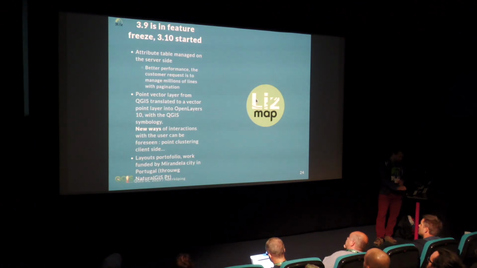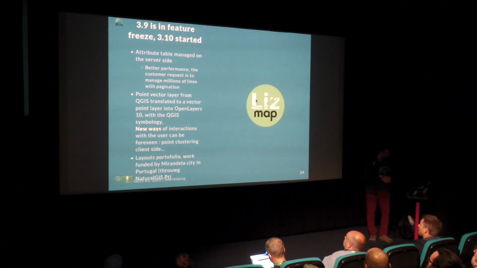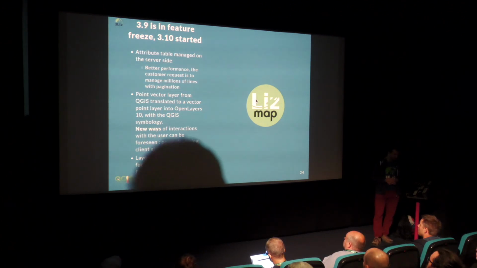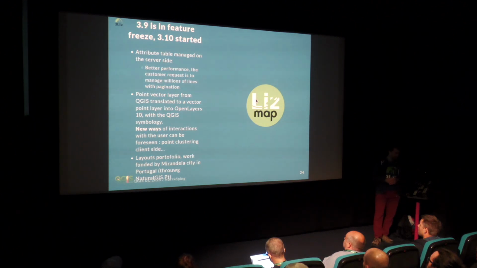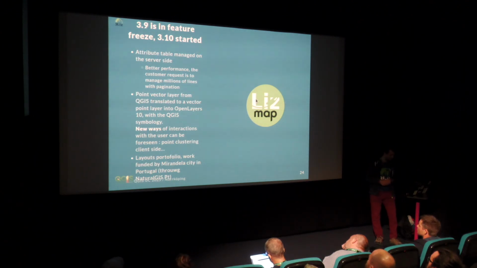The future of Lizmap. As I said, 3.9 is in feature freeze, so 3.8 started. We have the attribute table managed on the server side, so it will allow millions of lines with pagination just using the server side. Before, it was mainly all on the client side, but then we couldn't handle a lot of lines in the attribute table, so we'll rely more on the server side for this part.